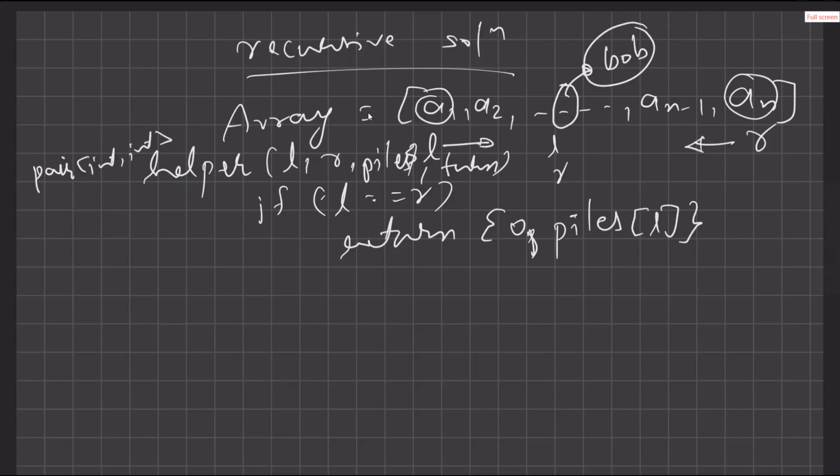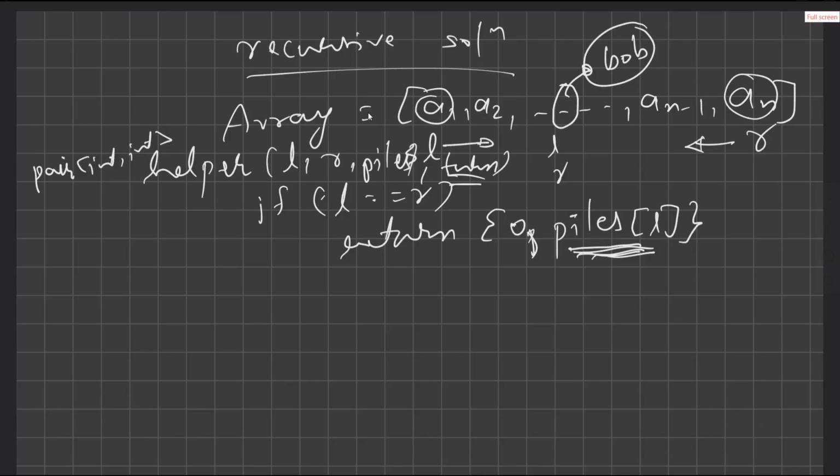So this element always belongs to Bob. So this pile belongs to Bob. So Bob will have the entire stones in the pile, and here Alice will not have any, so it will be 0. But in the previous question, we were returning based on this turn variable.